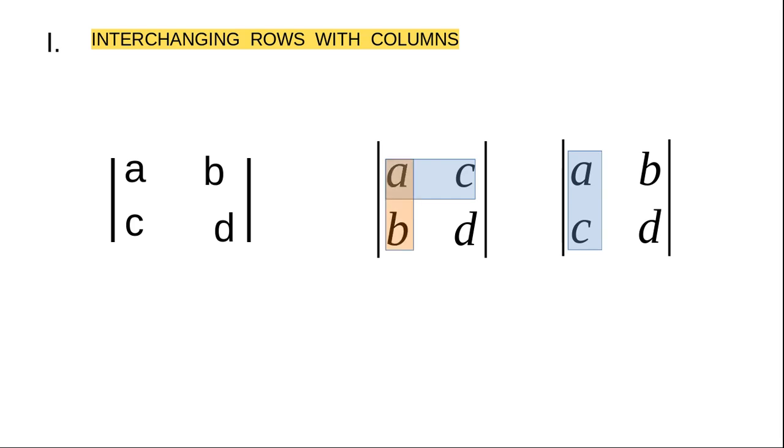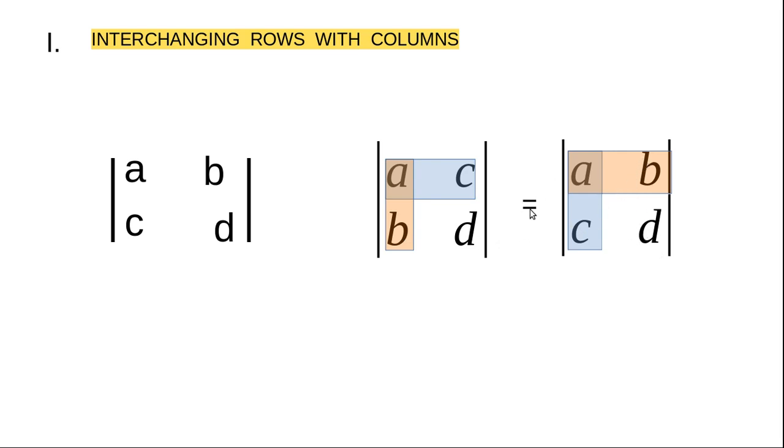Similarly, CD was the second column, now CD is the second row, and BD was the second row, it has become the second column.